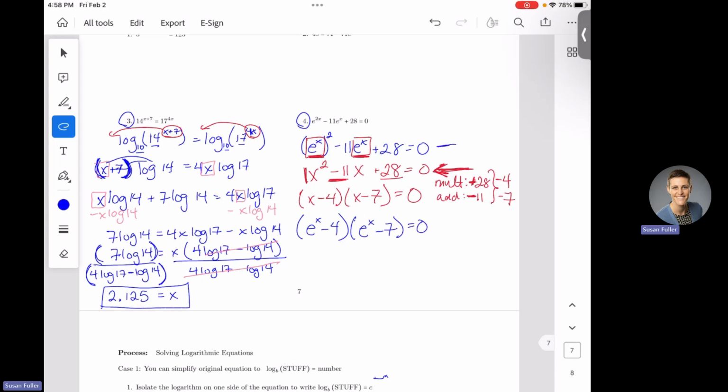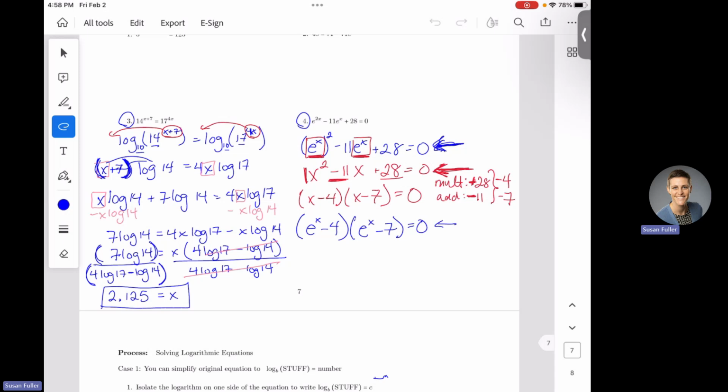So our original problem factors into this. If you're not 100% sure about that, I want you to FOIL out what we have here. If you do the FOILing and combine your middle terms, you're going to notice you end up right back where we started. So this is, in fact, factored correctly.